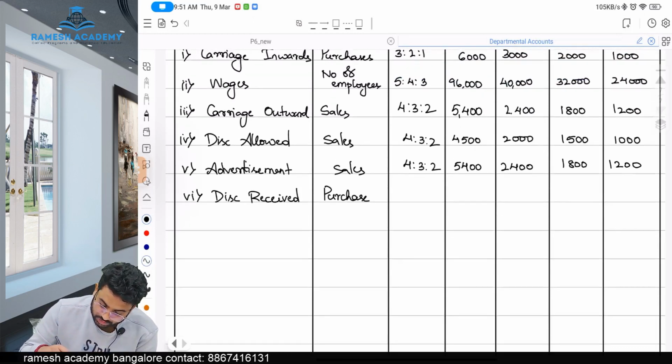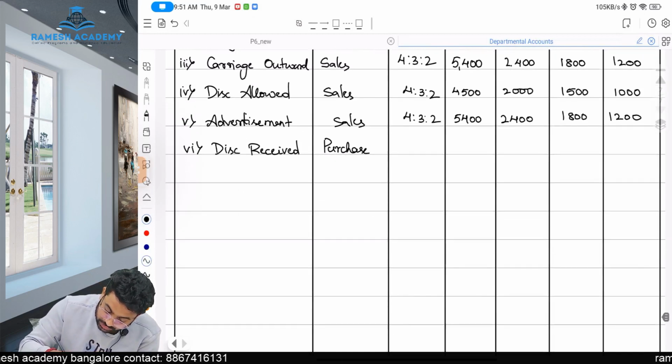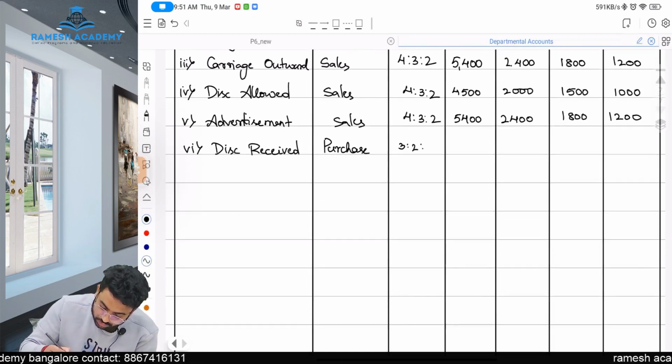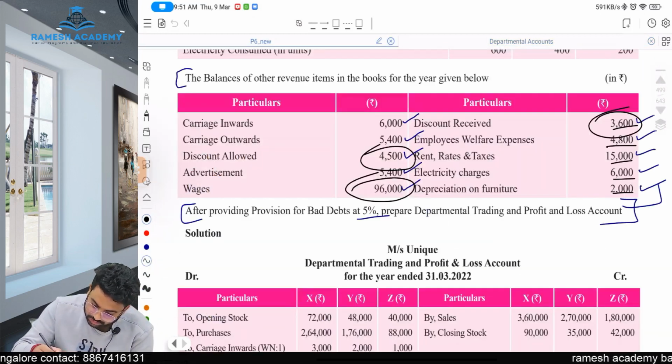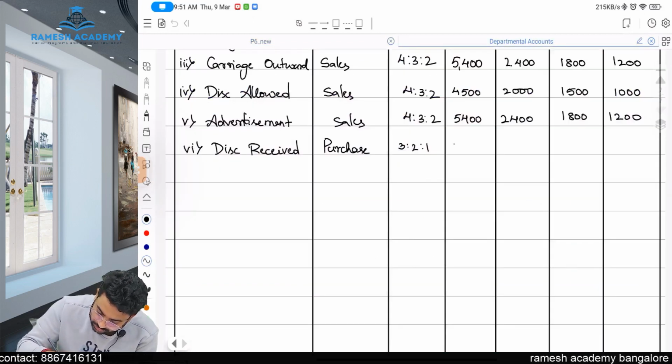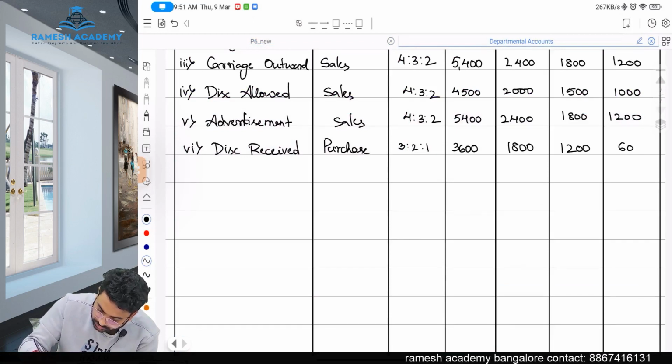So the purchase ratio was 3:2:1, as computed earlier. So how much is the discount received? Discount received is 3,600. So 1,800, 1,200, 600.